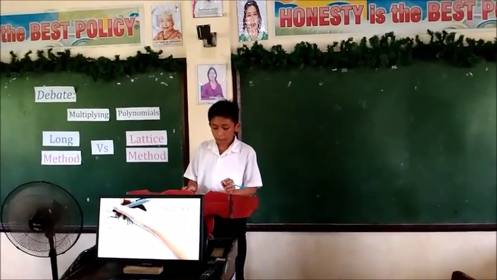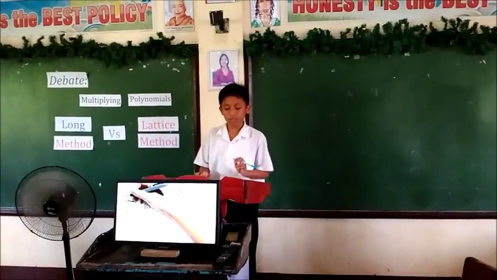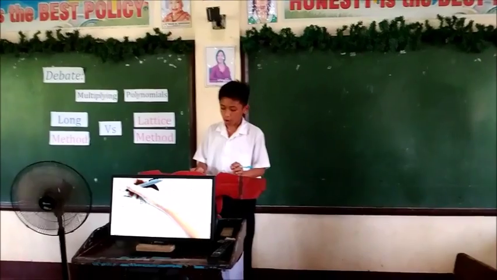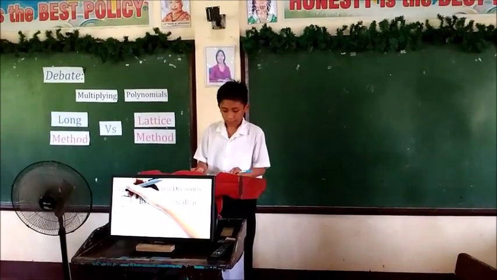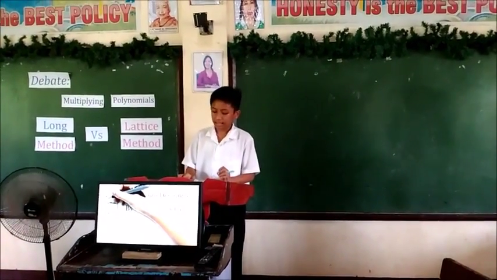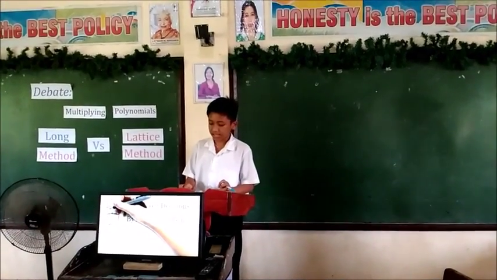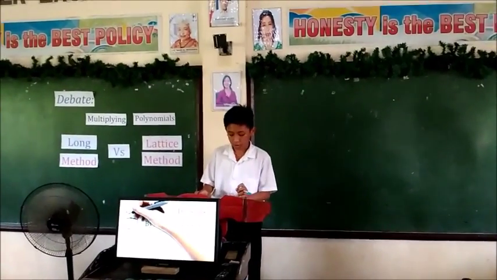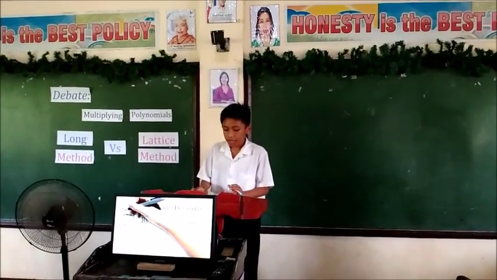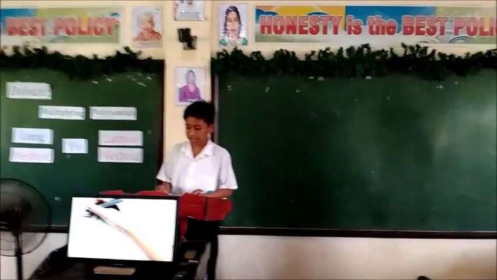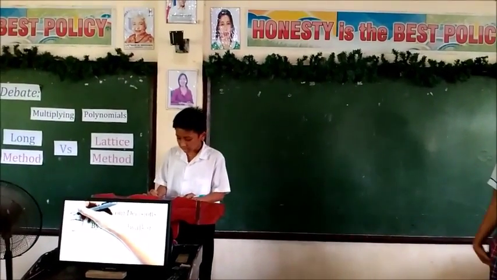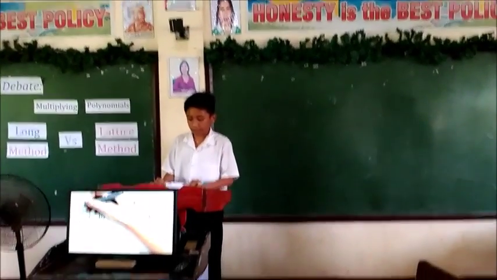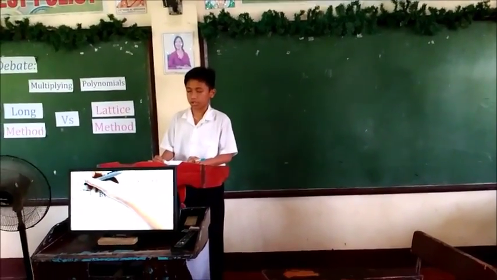Yes, the long method is making it legit to know if the answers are right or wrong. Although the lattice method is an easy and fast method, which may lessen the work and be fast. The net benefit here is that the lattice method is an easy and fast method of mathematical calculation.